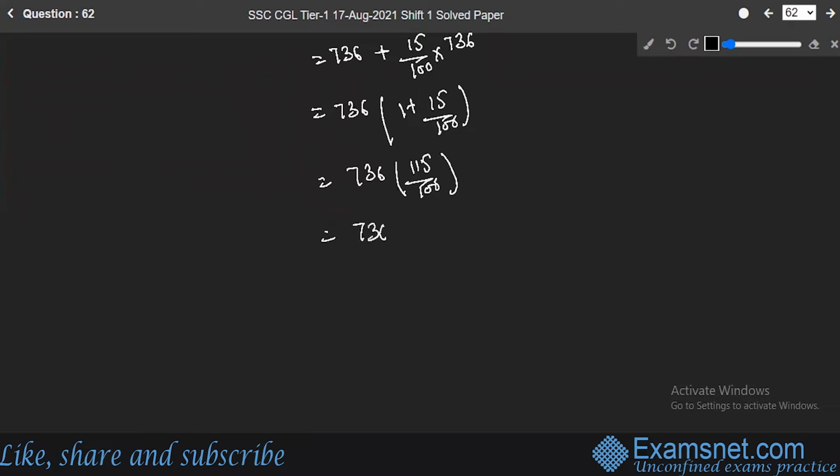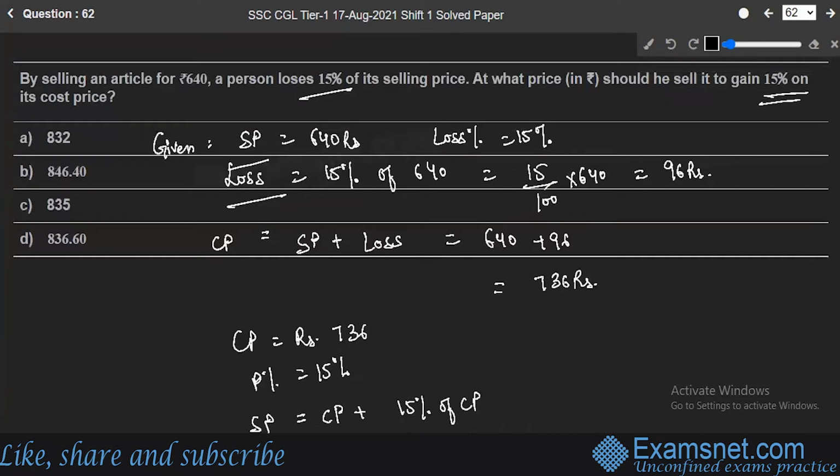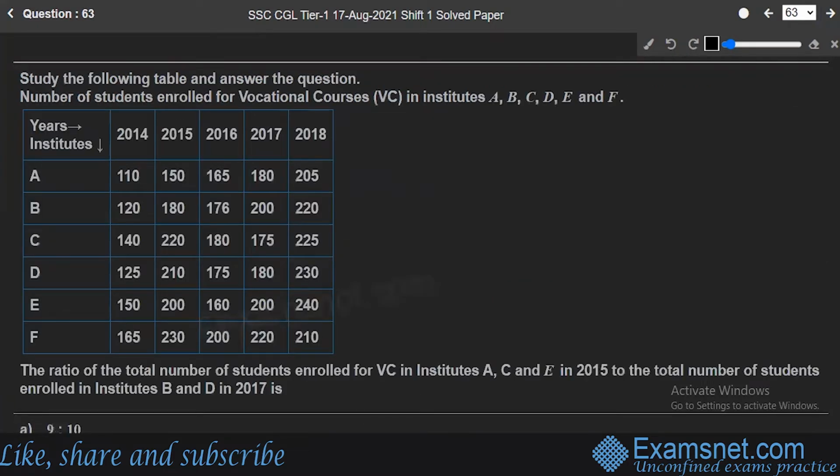This gives 736 into 23 upon 20, which gives you rupees 846.40. And that's your answer. Hope you are clear. Yes. Option B is the answer to the question. Hope you are clear. Okay, then let's move to the next question, number 63.